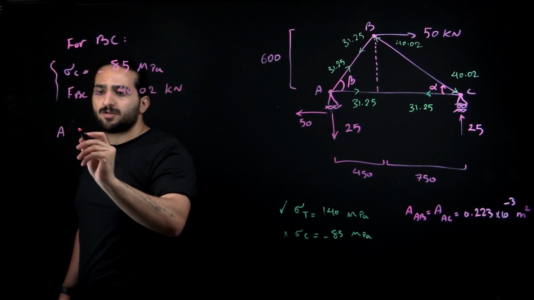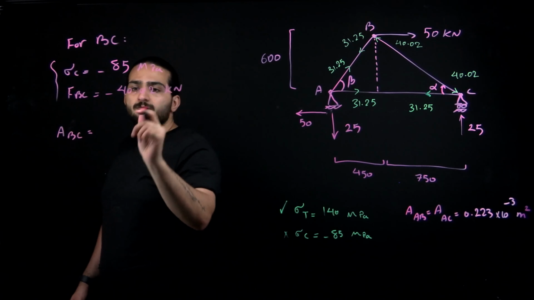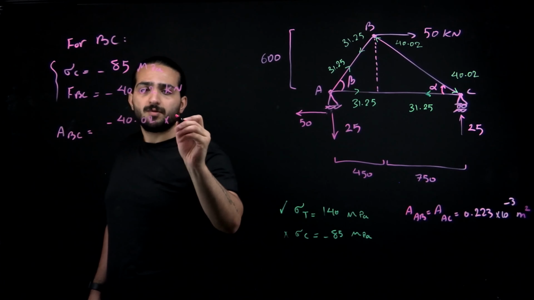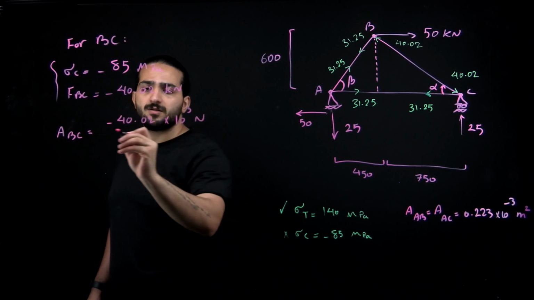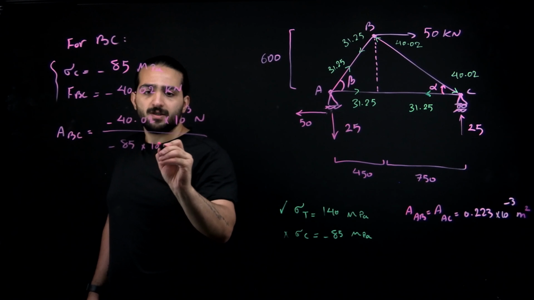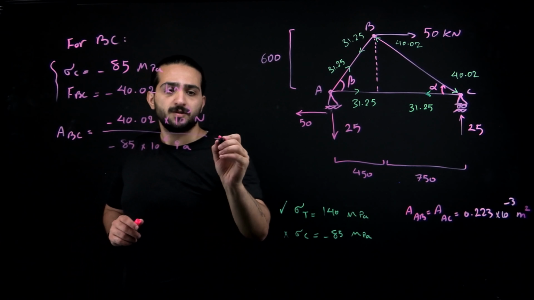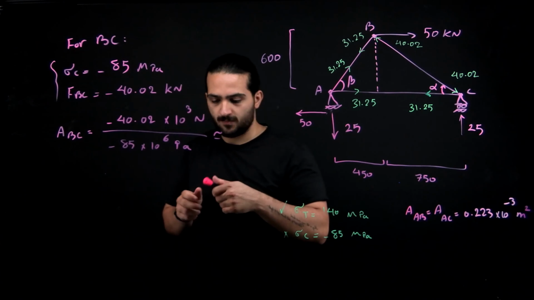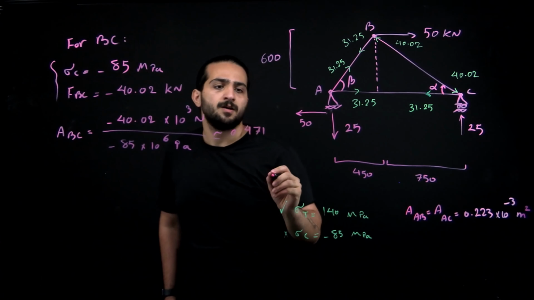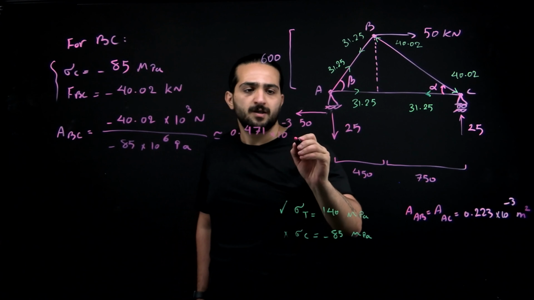So the cross-sectional area for BC would be minus 40.02 multiplied by 10 to the power of 3 Newton divided by minus 85 multiplied by 10 to the power of 6 Pascal, which is approximately equal to 0.471 multiplied by 10 to the power of negative 3 square meter.